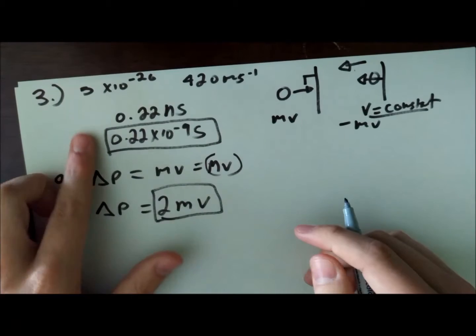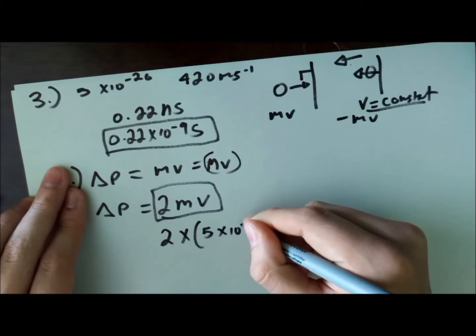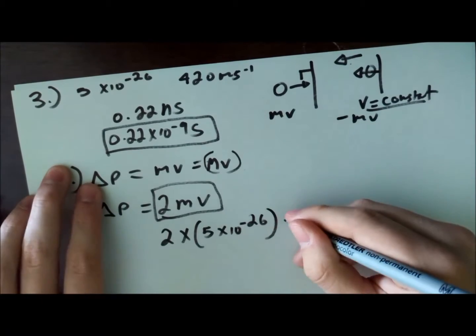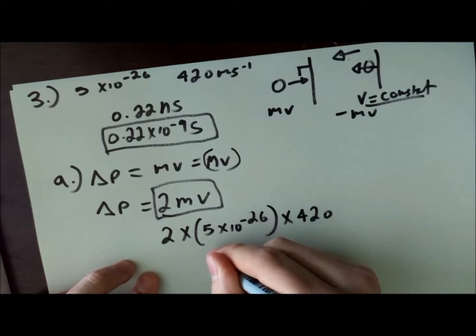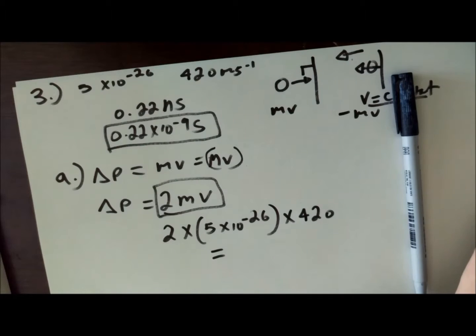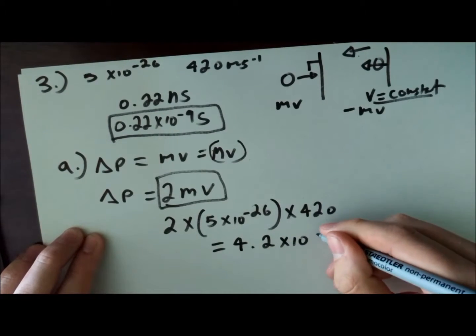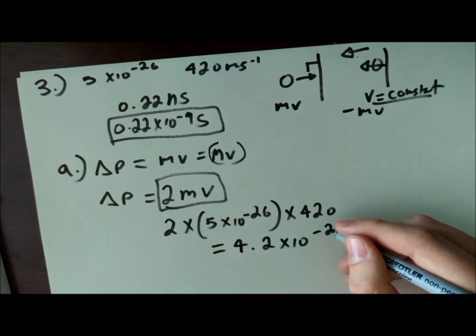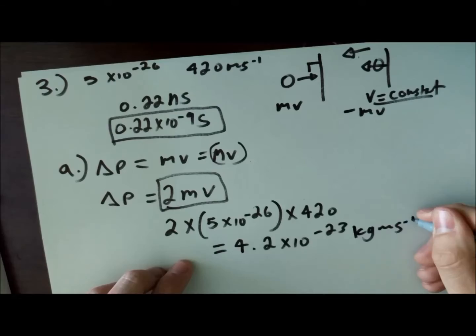Now, if we substitute the numbers we're given, 2 multiplied by 5 times 10 to the minus 26, multiplied by 420 meters per second, we will get an answer of 4.2 times 10 to the minus 23 kilogram meters per second.